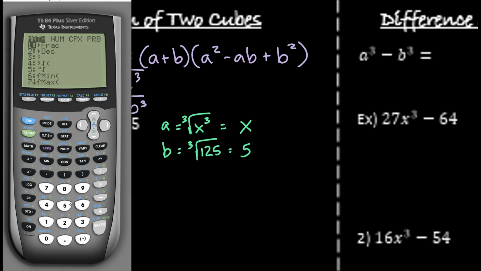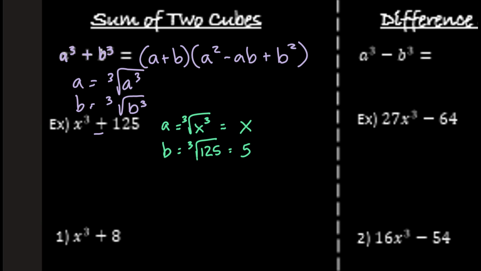You could press 4 or 5. 5 I would use for anything larger than cube rooting. There's a specific button for cube rooting, which is number 4. So cube root 125, and it gives you 5. Cube root 729 is not a perfect cube, it'll give you a decimal, I believe.